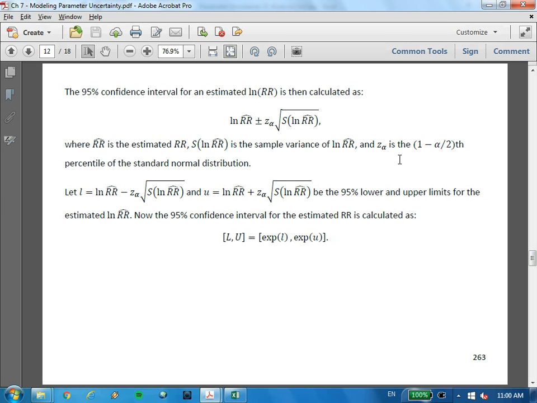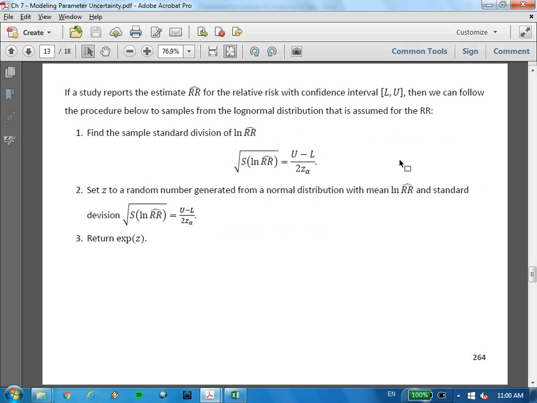This is a standard approach to find the lower bound and upper bound for the relative risk. So if you want to take a, let's see. It's also confusing for me. So let's review it.